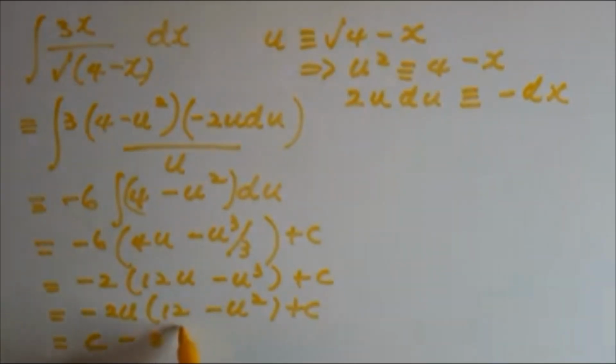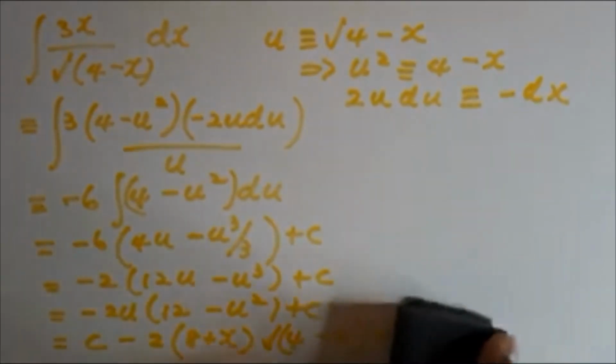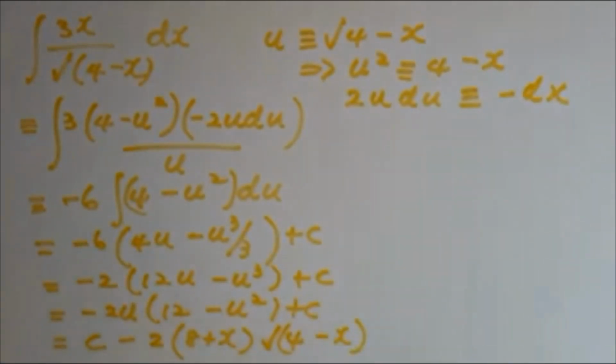Minus 2, 8 add x, followed by root of 4 minus x, and the constant of integration in the front. And there you have it. Most of it is just algebraic manipulation, but you need to go through the steps to reassure yourself that you can follow.